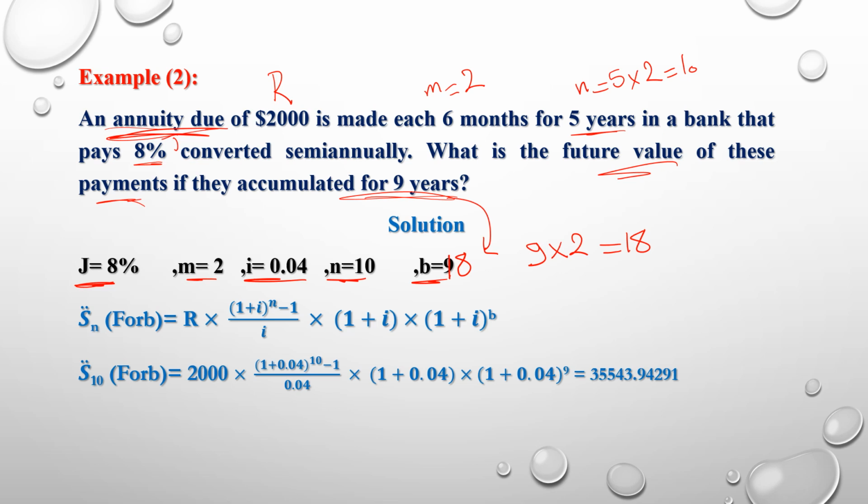By substituting these amounts in the formula of the forborne annuity due, which equals R times ((1 plus i) to the power n minus 1) over i, times (1 plus i), times (1 plus i) to the power b, this equals this amount.